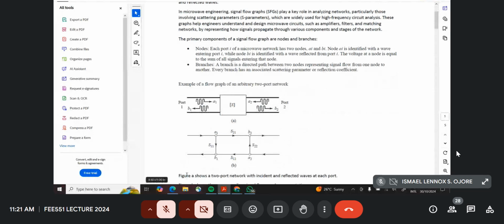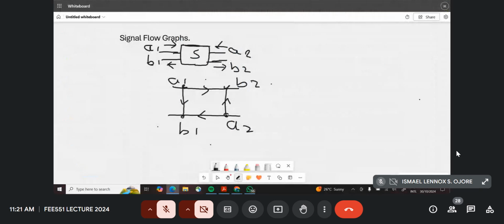So I'll use this whiteboard to explain the things that are in that PDF. In this first diagram here, it is a two-port network which contains the scattering parameters, and in this second diagram is how you draw the signal flow graph.